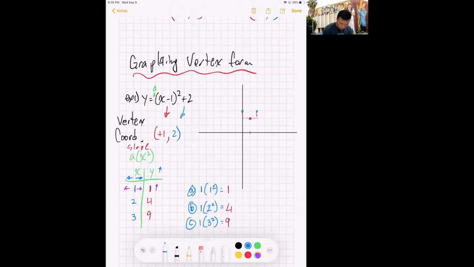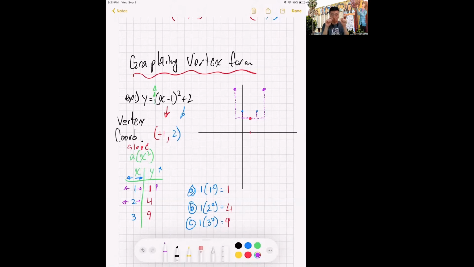Okay. Now, 2 steps. So I'm going to go 1, 2, 4 steps up. 1, 2, 3, 4. Okay. So 2 steps this way, 4 steps up. And you always start from the vertex.